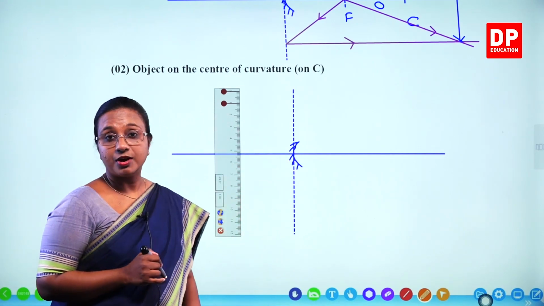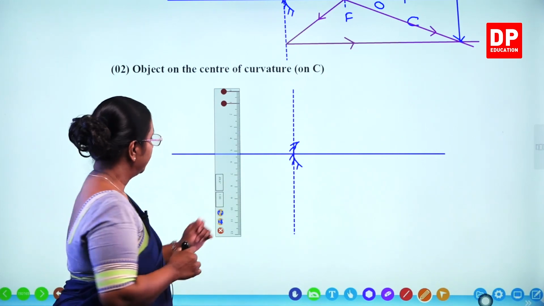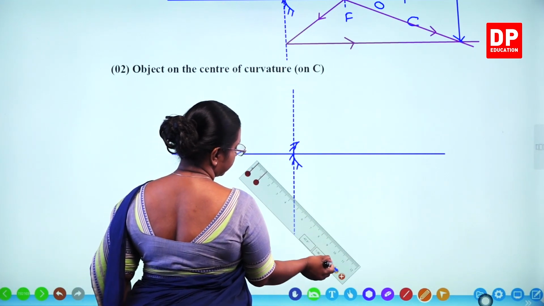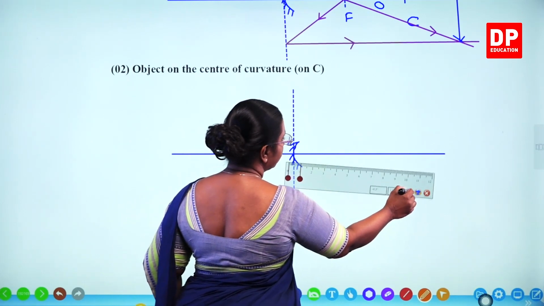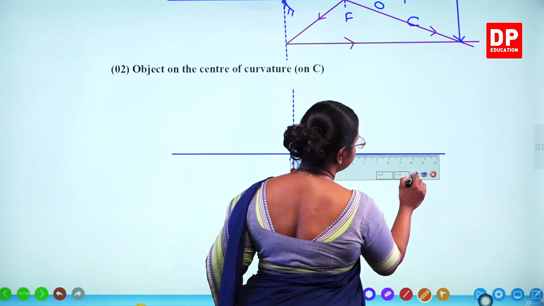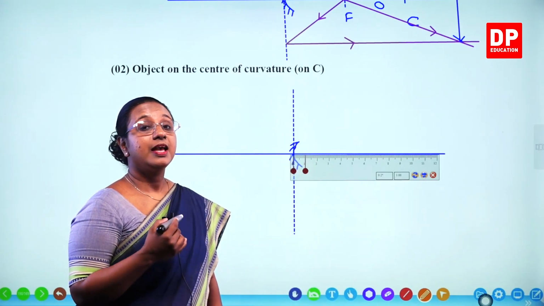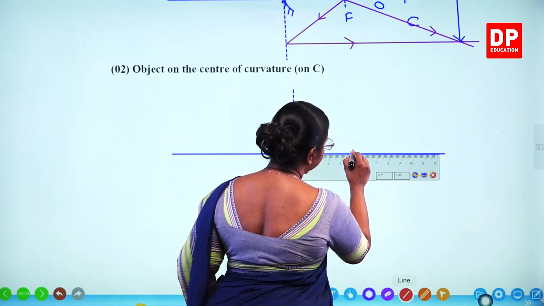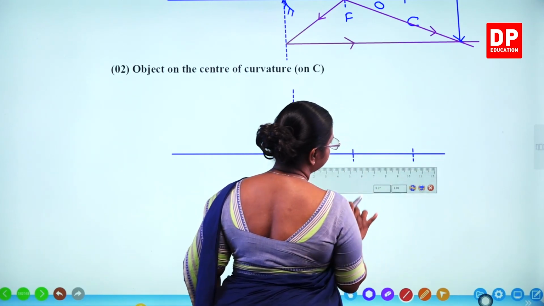You all know we are drawing the ray diagram for concave mirrors. What is the next step? I am sure you have marked all the different points, the F and C. So you would have taken a certain measurement. I will take the distance as 5 centimeters and 10 centimeters. F at 5 and C at 10. So here I have the F at this point and C at this point.